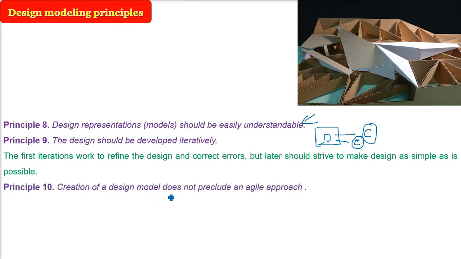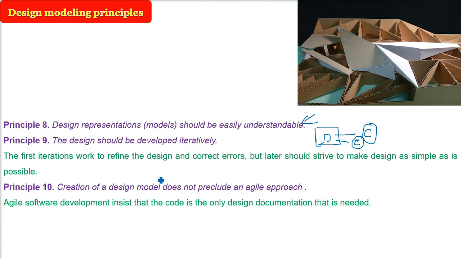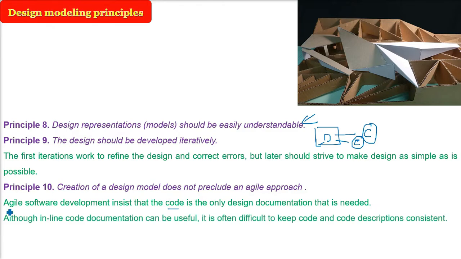Next one is, creation of a design model does not preclude an agile approach. What does it mean? Agile software development or agile methods say that the design should be as little as possible. But if you are writing some inline documentation, putting some documentation in code, that is always welcome.